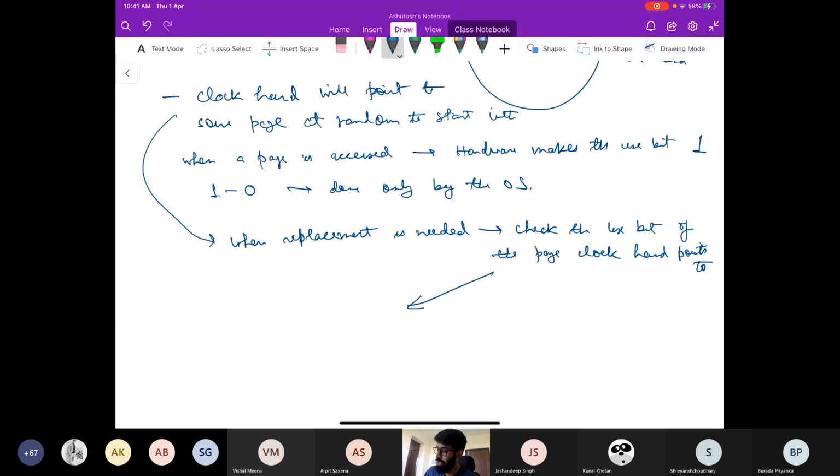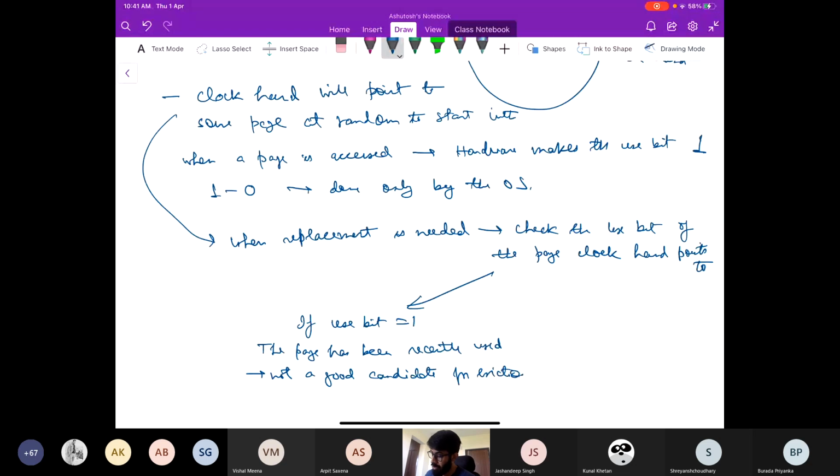And if this is 1, then the page has been recently used. Not a good candidate for eviction.